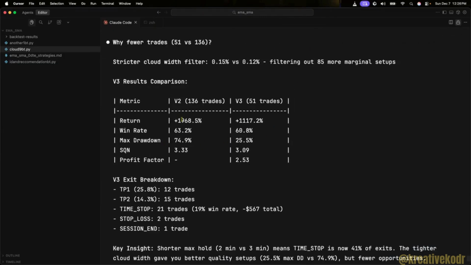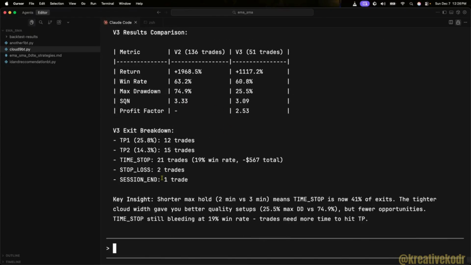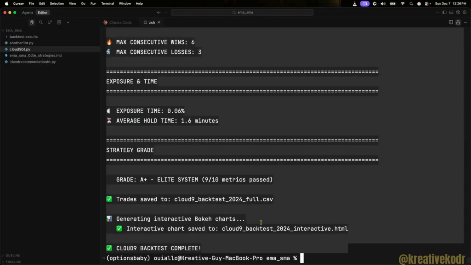All right, so the metric, okay. The shorter hold time and the tighter cloud give you better quality trades, but fewer opportunities. Okay, I saw what I did, and let's run this version.